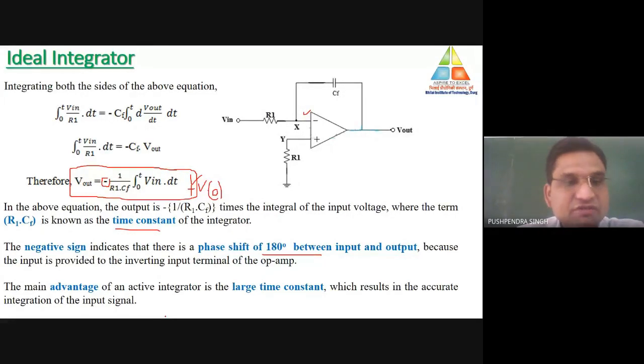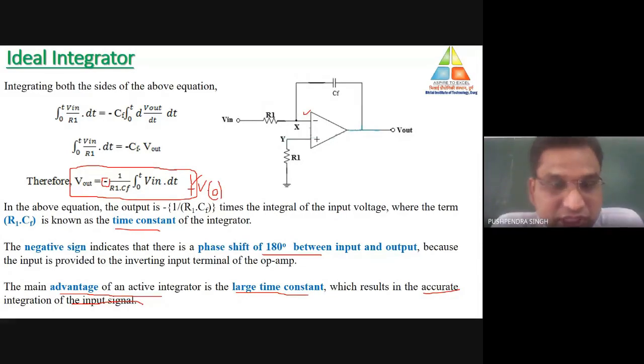What is the advantage of this equation? The main advantage of this active integrator circuit is the large time constant. So here the value of time constant is very large. And what is the meaning of that? If the time constant is high, then we get accurate integration of the input signal. Why?